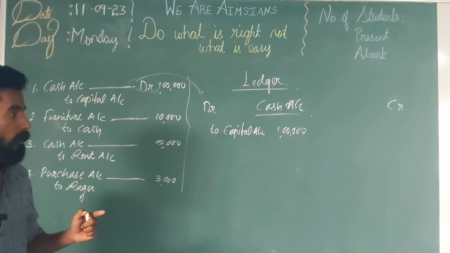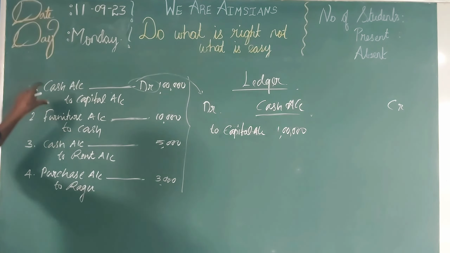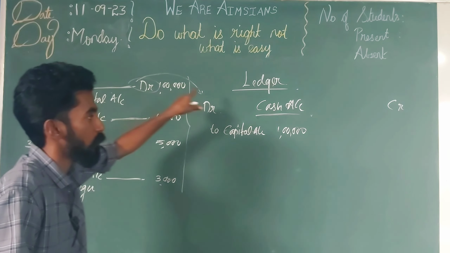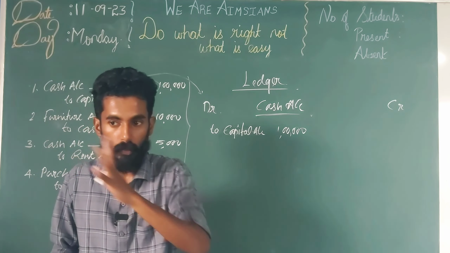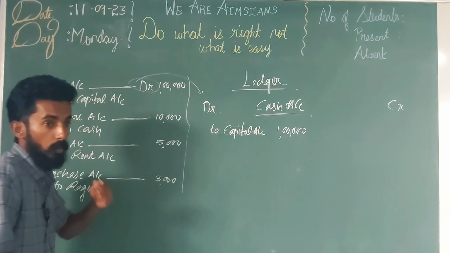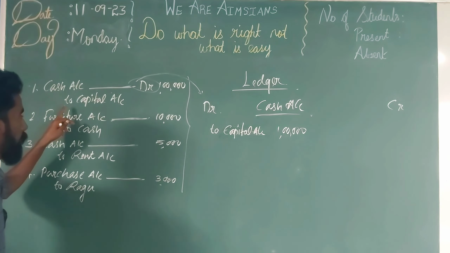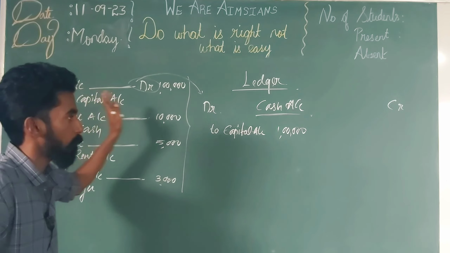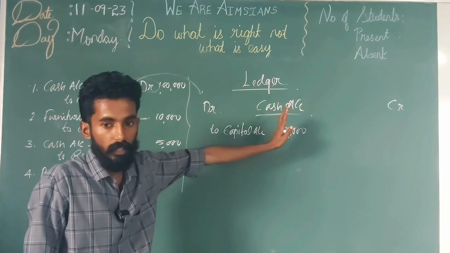Is it clear? But there is a chance of a small confusion whether we need to transfer this entry only into the cash account. The answer is no. We have to post it into two accounts. The first one is cash account, the second one is capital account. The cash account posting is clear; we have already posted this entry into the cash account.